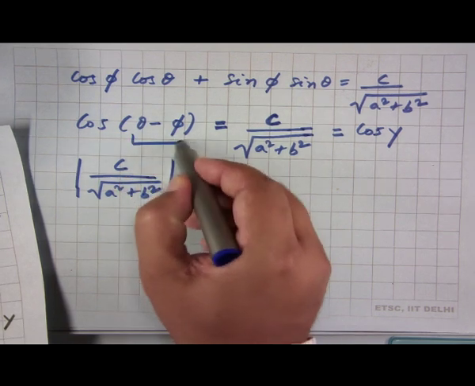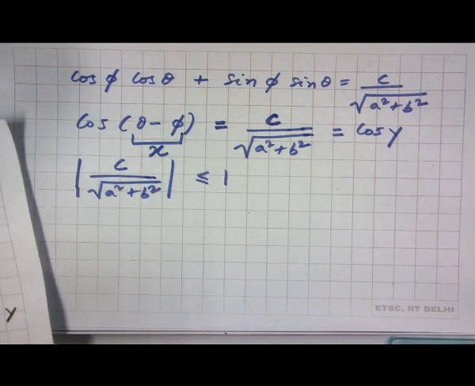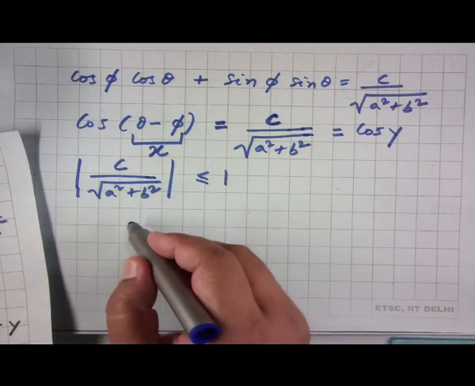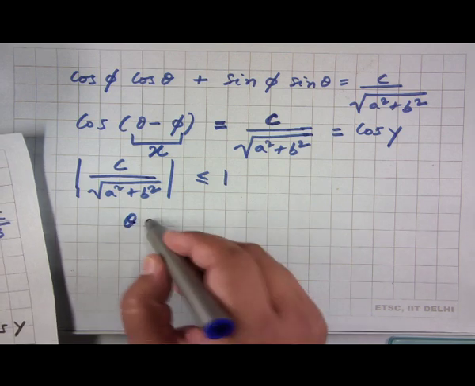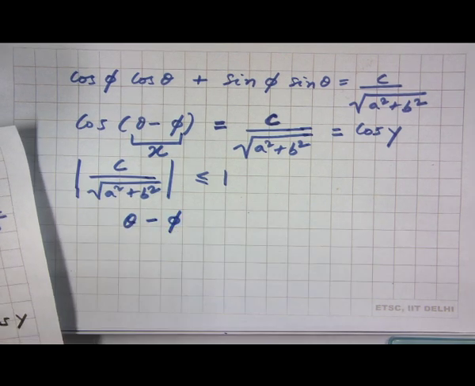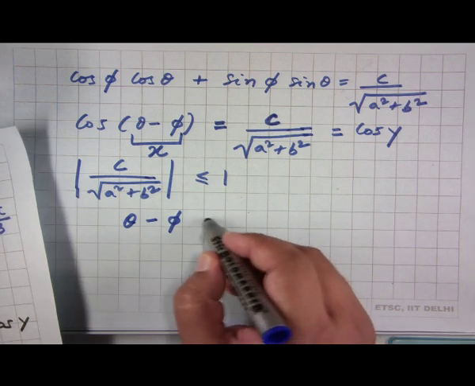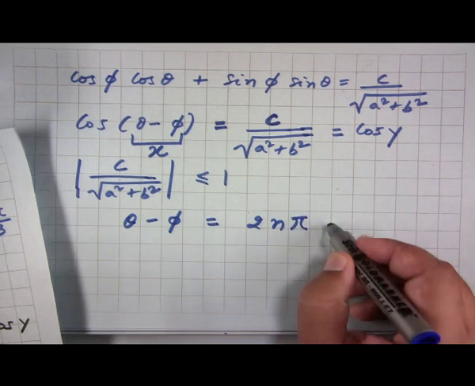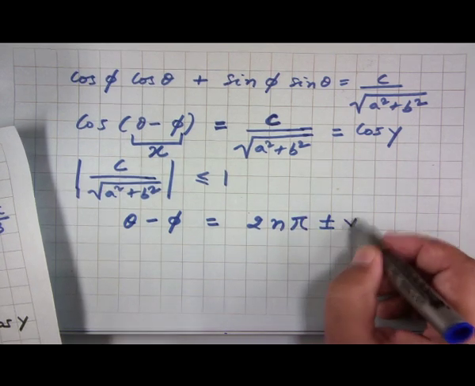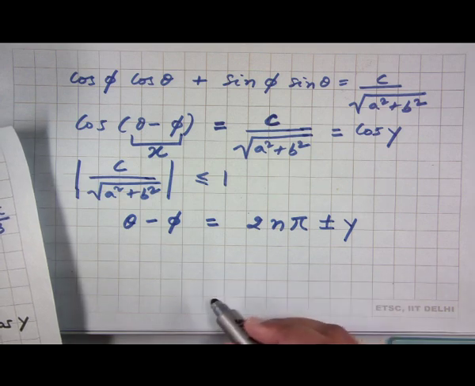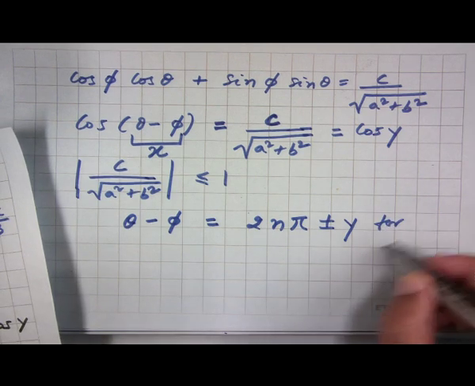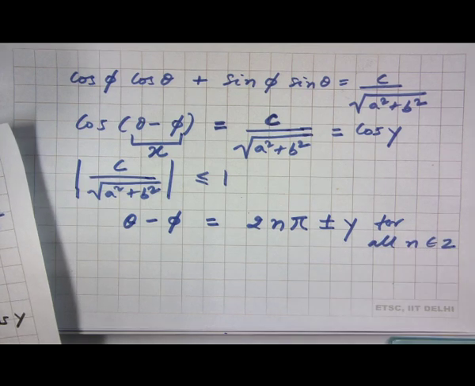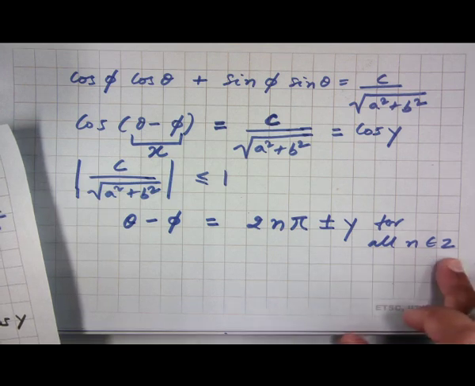So, we have to treat this whole thing as x, and therefore, the general solution is that x, which is theta minus phi, is equal to 2n pi plus minus y for all n belonging to z, where z is the set of integers.